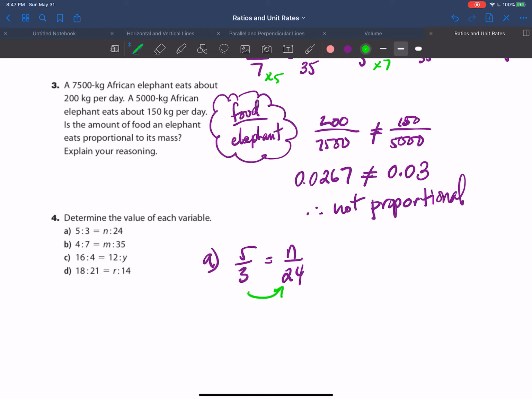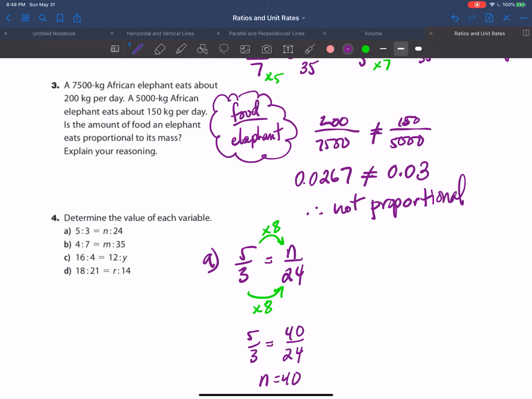So if I divide 24 by 3, I get 8, which means that 3 times 8 is 24, which means that I'd also have to multiply the top by 8 to get that other number. It has to be multiplied by the same number. So 5 times 8 would be 40. So that means that n is 40.